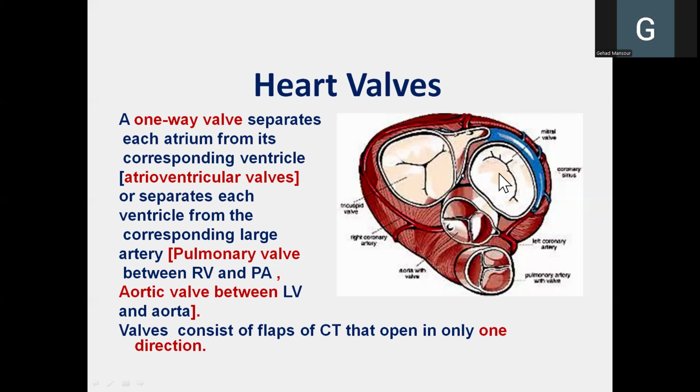Similarly, for the function of the mitral valve, it will allow the passage of oxygenated blood from the left atrium to the left ventricle and will prevent backflow during systole. So it allows during diastole and prevents during systole.